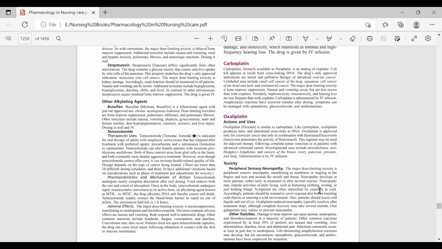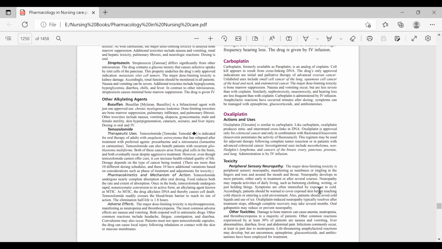Nausea and vomiting occur, and bone marrow suppression is the dose limiting toxicity. Nephrotoxicity, neurotoxicity, and ototoxicity are also observed. Carboplatin is administered by IV infusion. Anaphylactic reactions may occur, which can be managed by epinephrine, glucocorticoid, and antihistamine.